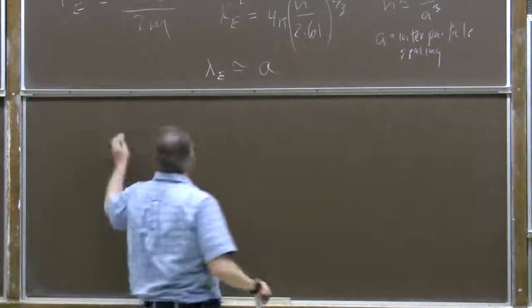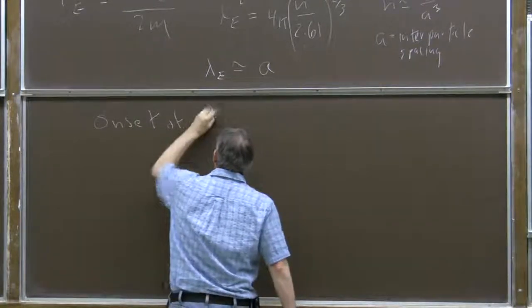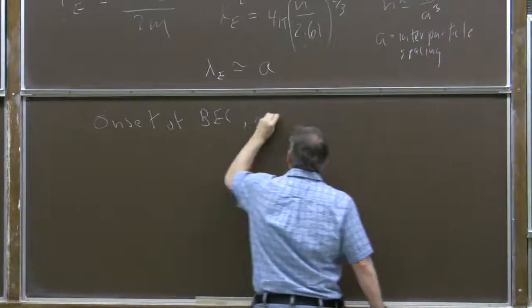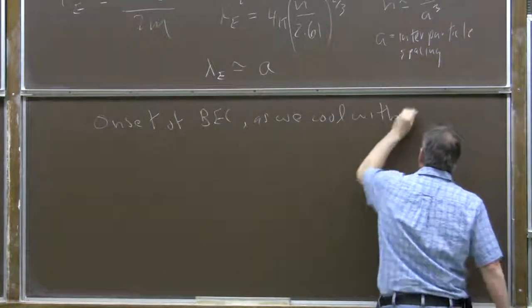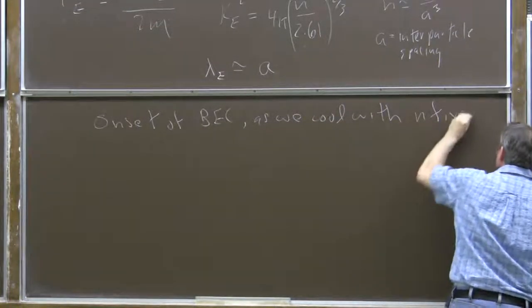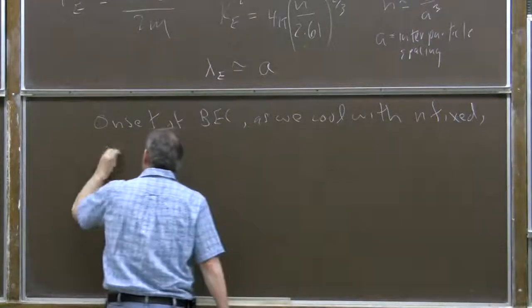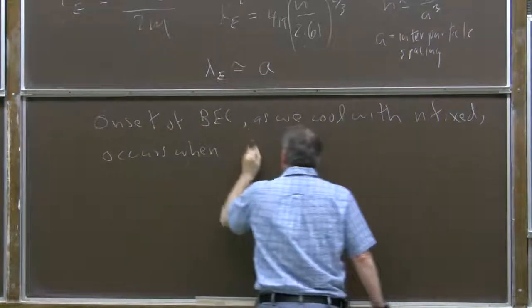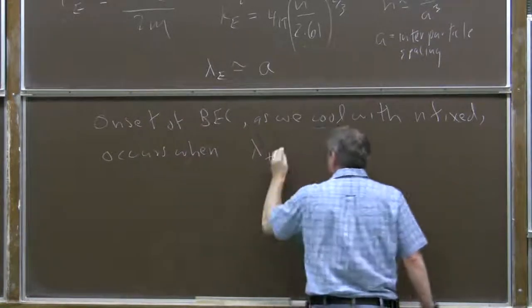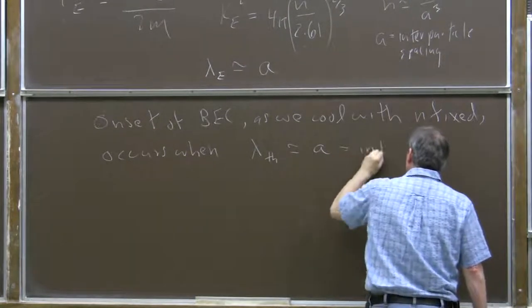Okay? So onset of BEC, as we cool with N fixed, occurs when the thermal wavelength is comparable to the interparticle spacing.